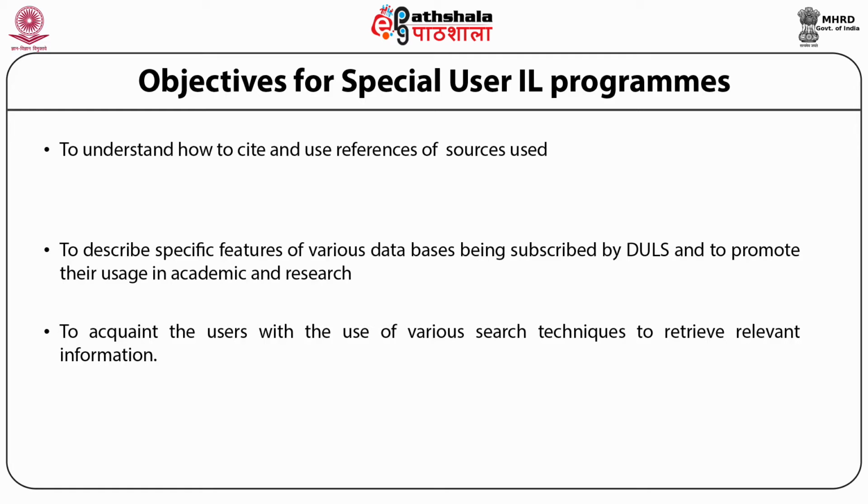All these types of search techniques are being taught to them, and they are made aware of how they can make use of these techniques in retrieving the relevant information from the specific databases useful for them.